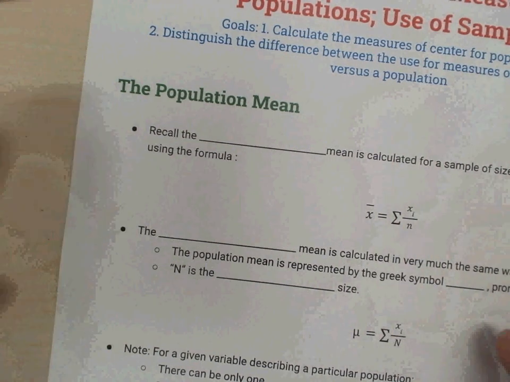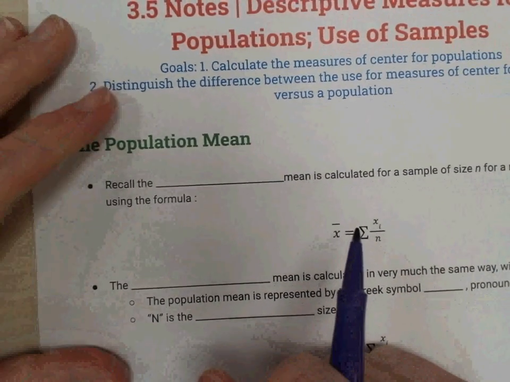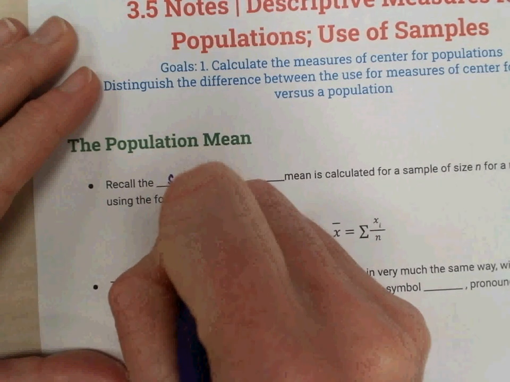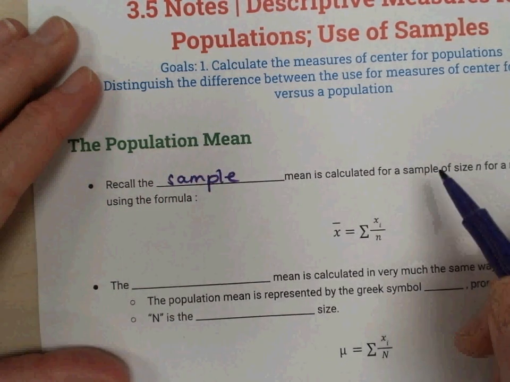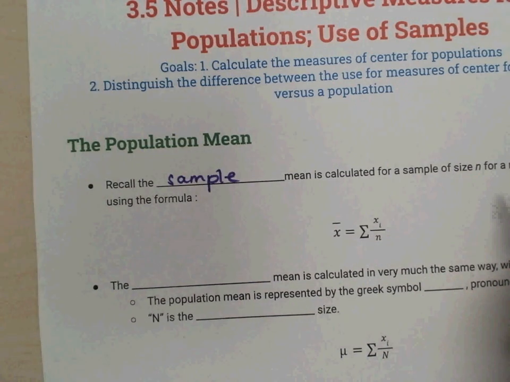So the population mean, we'll start by recalling that the sample mean is calculated for a sample of size n for a random variable x using the formula.